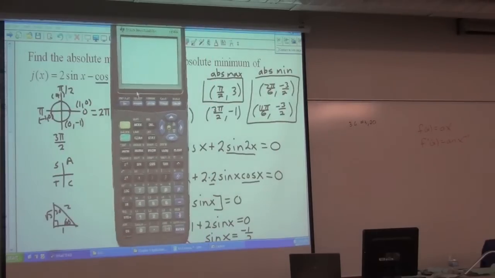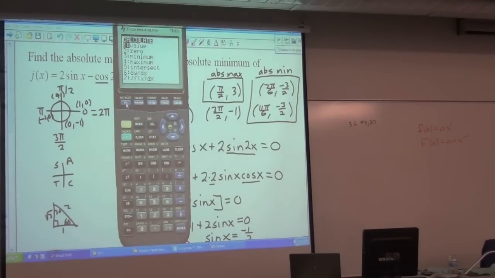If we check this, if I come in here and put y equals 2 sine of x minus cosine of 2x. I'll do my window from 0 to 2 pi, and then I'll just hit zoom fit.